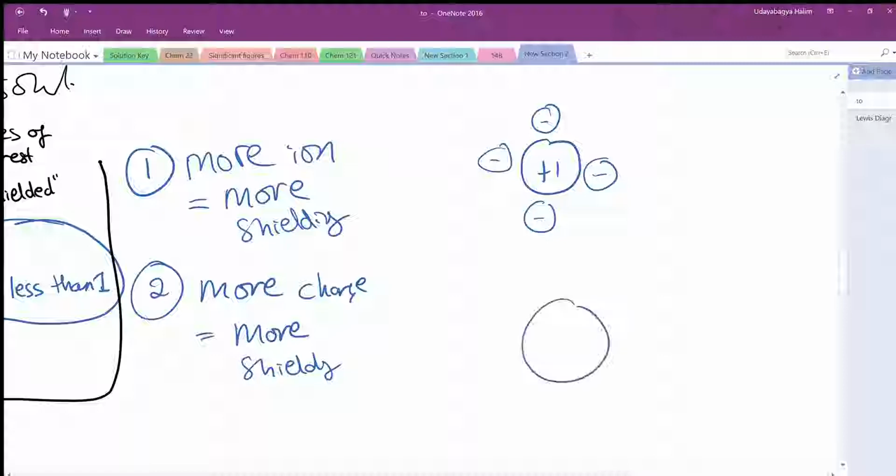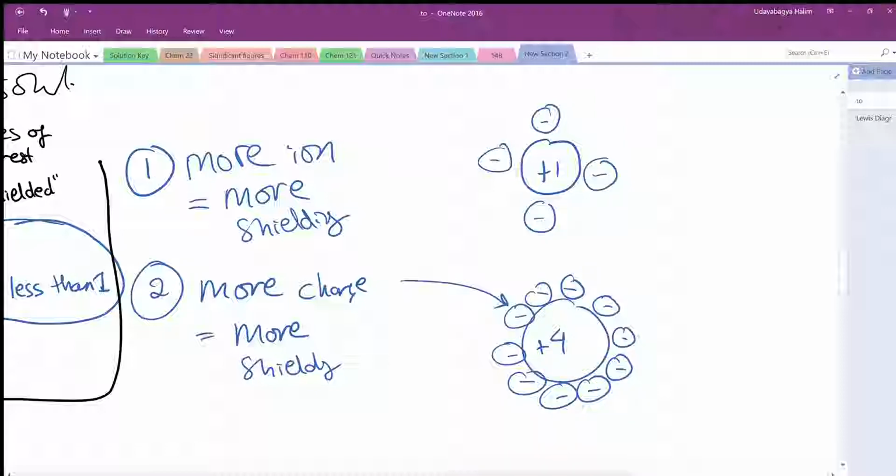Whereas if you have a +4, you're actually going to accumulate much more negative charge, so you have a lot more shield around the species that you're interested in. Right, so that's what I meant by more charge. If you have a +4, then this shielding is going to be a lot more than if you were simply to have a +1 charge, for example. So far so good? Yeah.